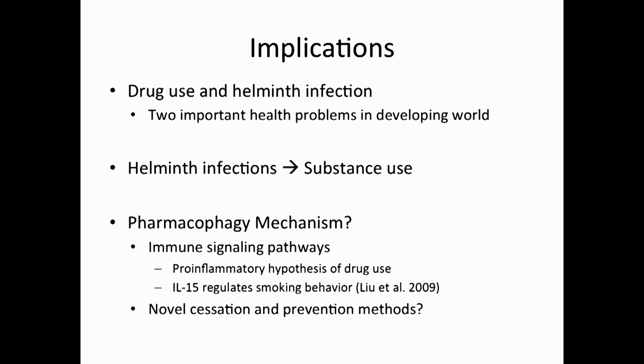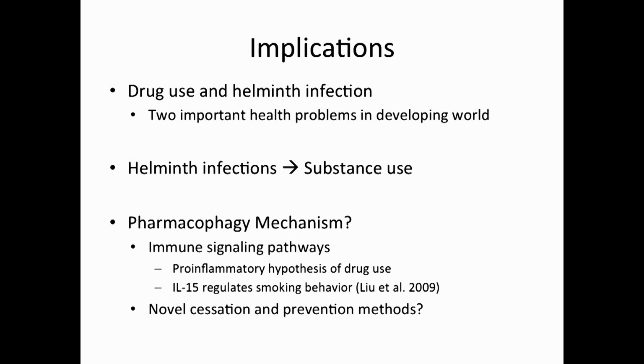Now, substance use is increasing in the developing world, especially tobacco use. There's been a lot of tobacco marketing, and that's one of the untapped customer bases that the tobacco companies are really trying to market into these low-income countries, in part because they don't have a lot of oversight and regulation, so they're kind of seen as an easy target.